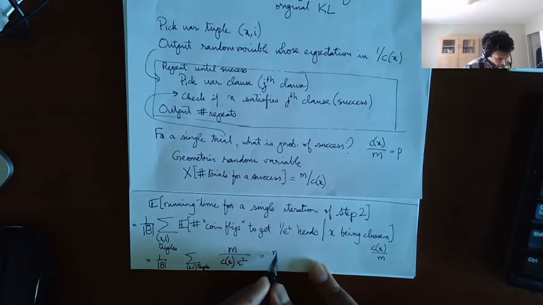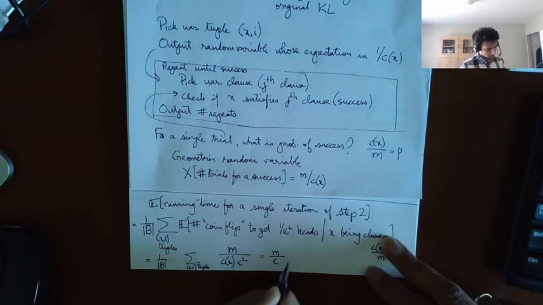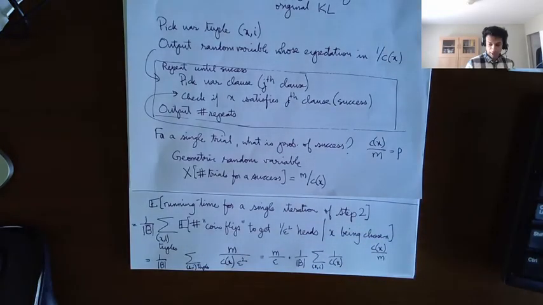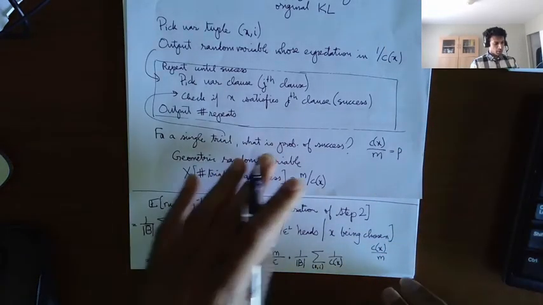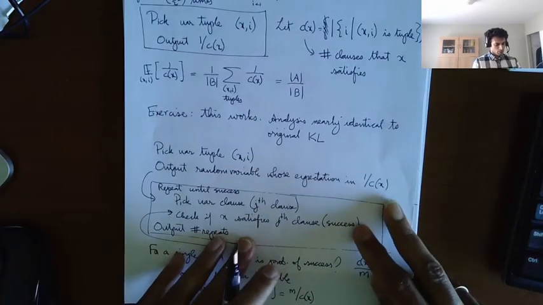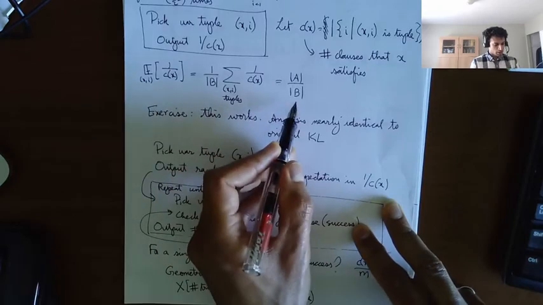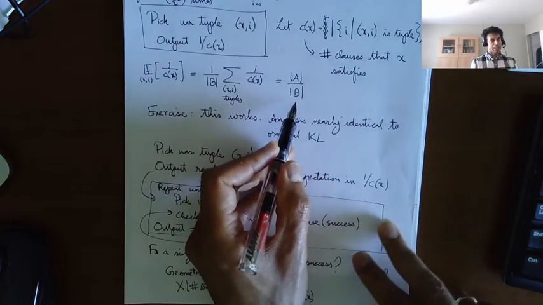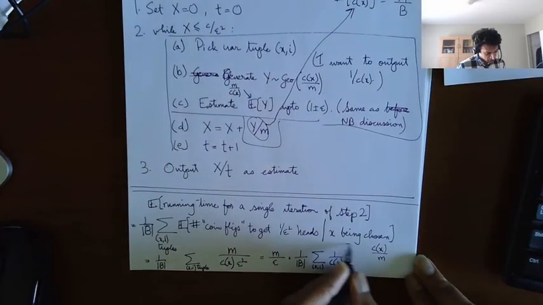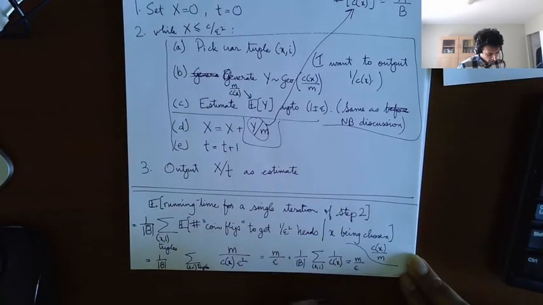Right? And just pulling this out, this is m divided by epsilon squared times 1 over b times the summation over all x_i of 1 divided by c of x. But remember, we just argued that the expected value of 1 divided by c of x is exactly a divided by b, which is mu. So this is m divided by epsilon squared times mu.